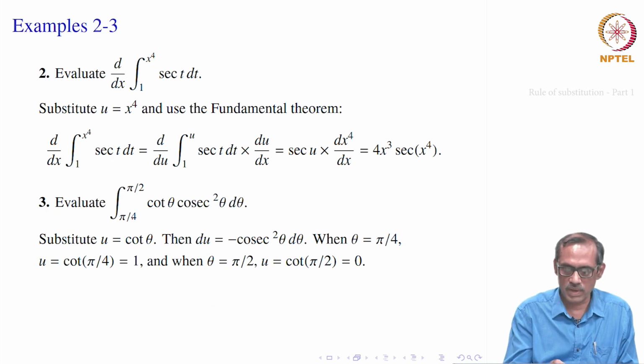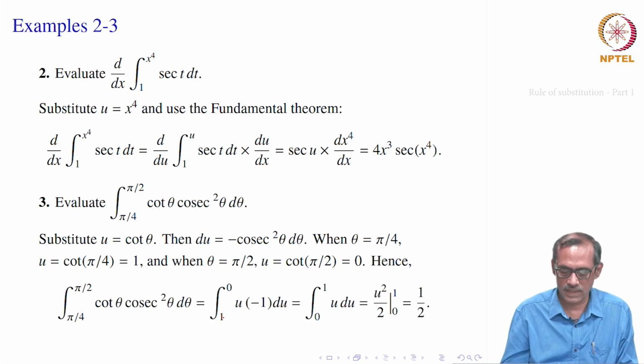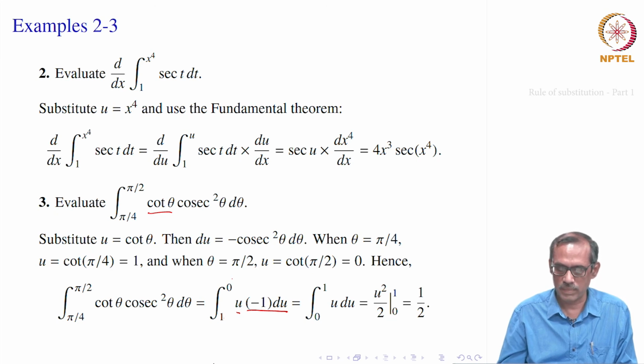So, our limits become 1 to 0. The integral we can write as 1 to 0 of cot theta, which is u, and cosec square d theta is minus 1 into du. So, it is in the form u times minus 1 du, but with limits 1 to 0.